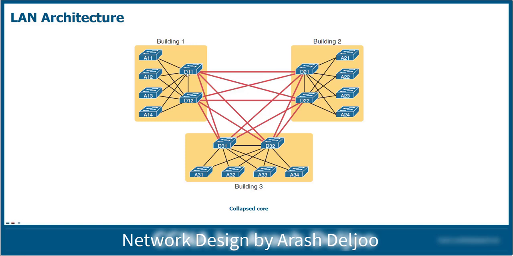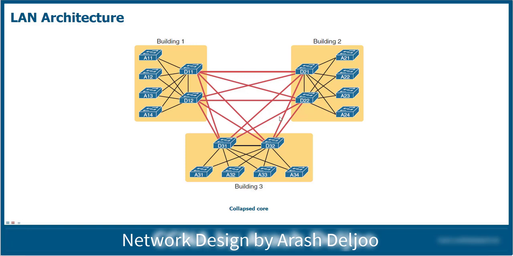And here D11 means distribution of building 1. And this is the first distribution, D12, the second distribution switch in building 1. A11 means access in building 1, and this is the first access, second access, third access, and also fourth access.